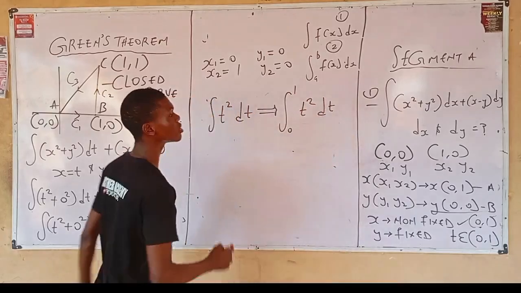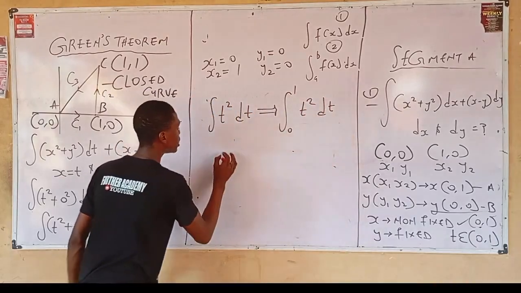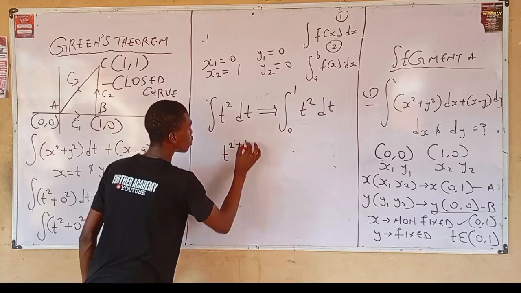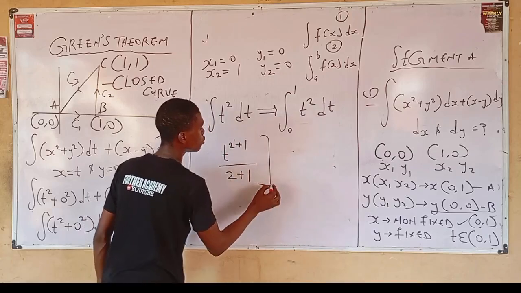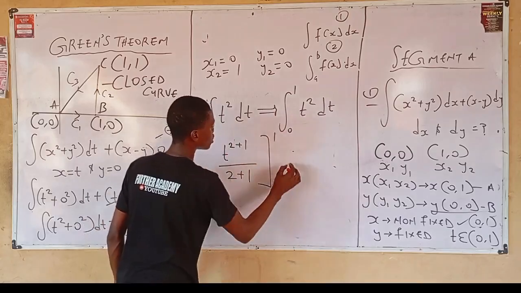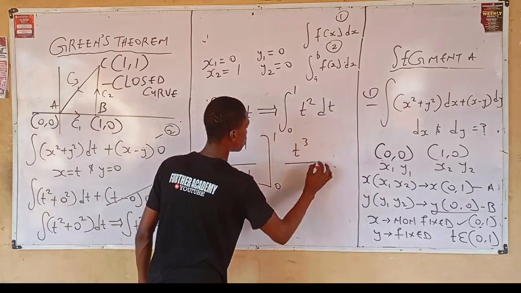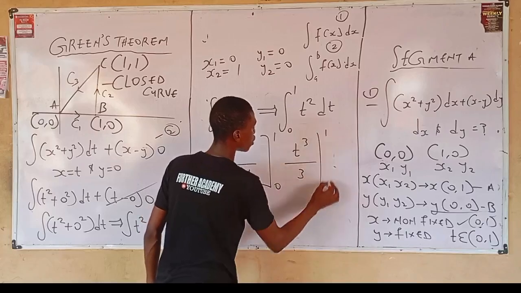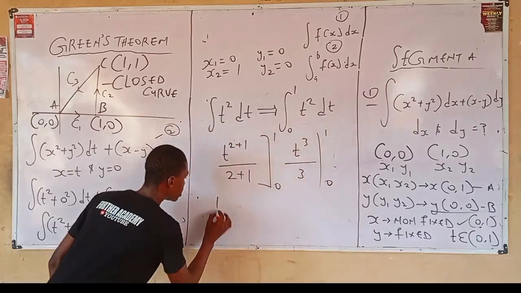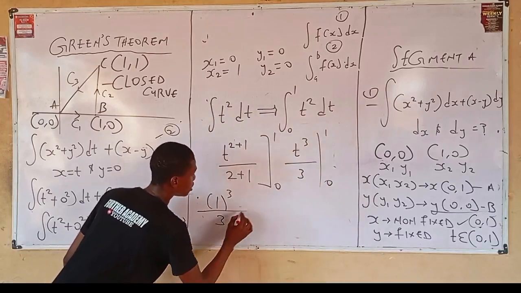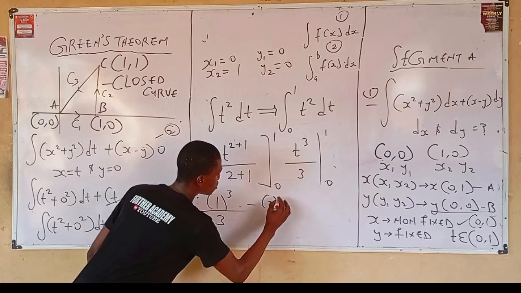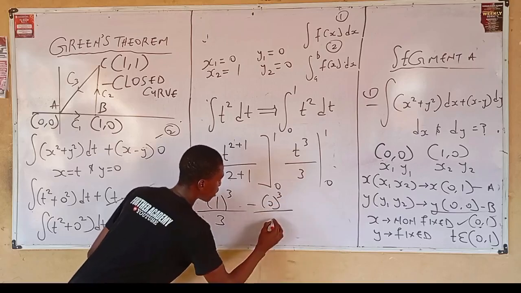Now let's integrate. Apply the idea of integration, meaning t to the power 2 plus 1, over 2 plus 1. Substitute your lower and upper limit, 0 to 1. So you have t cubed over 3, from 0 to 1. Substitute, meaning 1 cubed divided by 3 minus 0 cubed divided by 3.